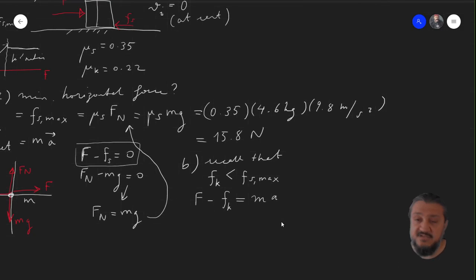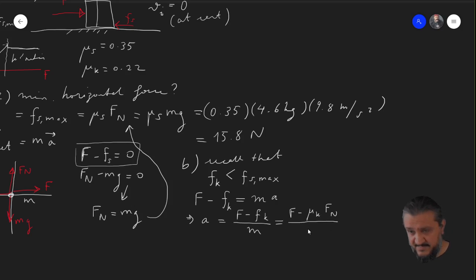Just divide both sides by m, and you will get F minus Fk divided by m. But what is Fk? By definition, Fk is equal to mu k times the normal force.